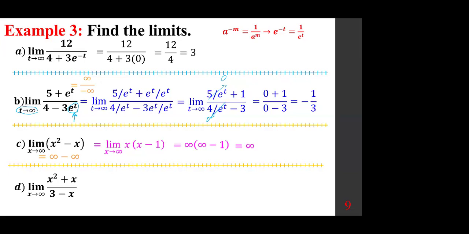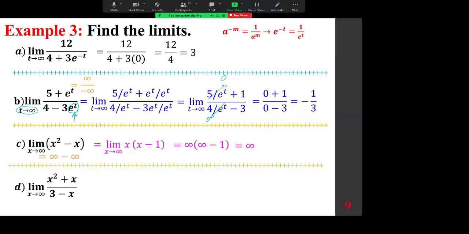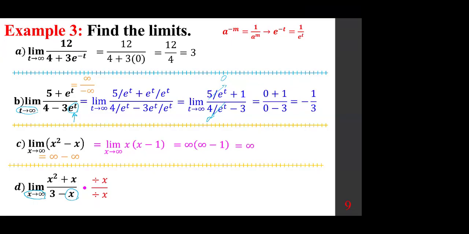We are looking at a rational expression. x is approaching infinity. You must divide by the highest degree term in the denominator. We're going to divide everything by x, term by term.